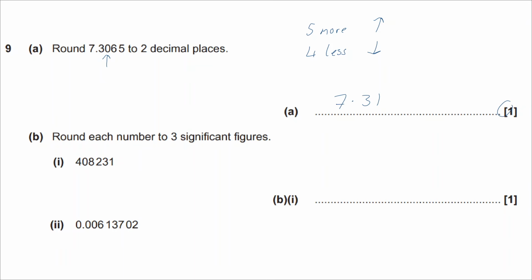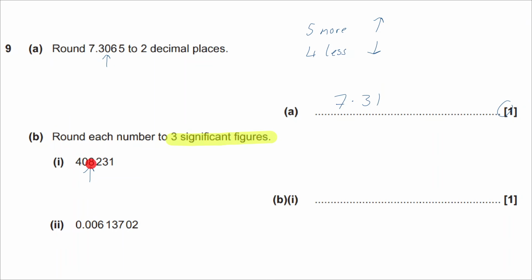This one here, round each number correct to 3 significant figures. Now, your significant figures start from your first non-zero number. So for this one, this 4 is your first significant figure. That's your second. That's your third. So the 8 here is your third significant figure. And then you round it the same way using the stuff up here. So your number to the right of the 8 is a 2, which is less than 5.